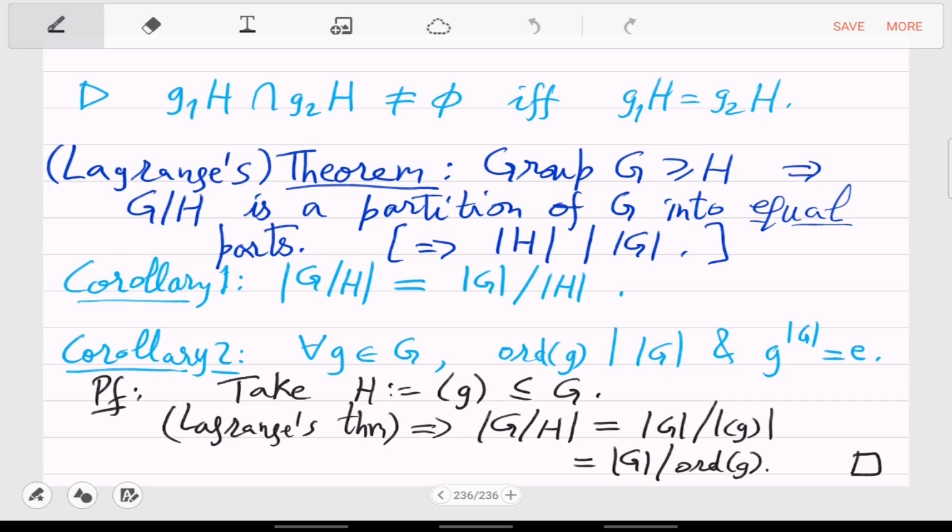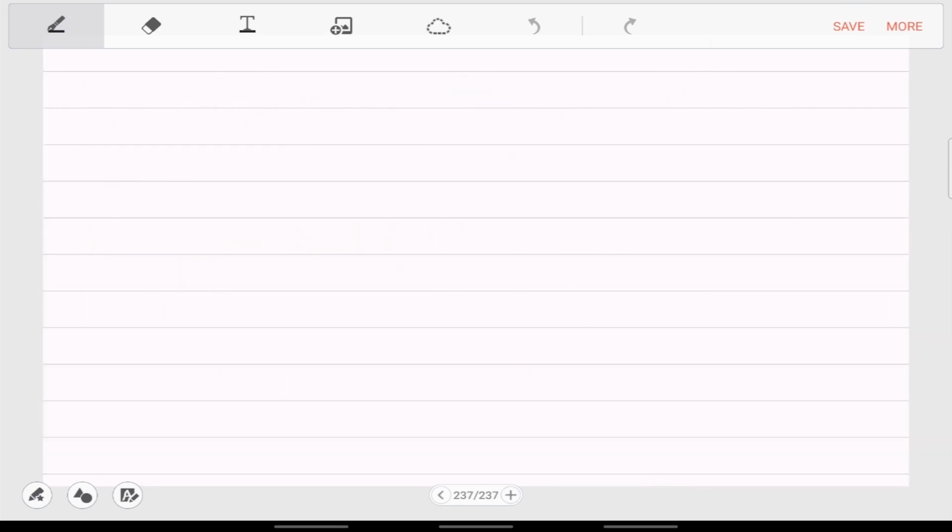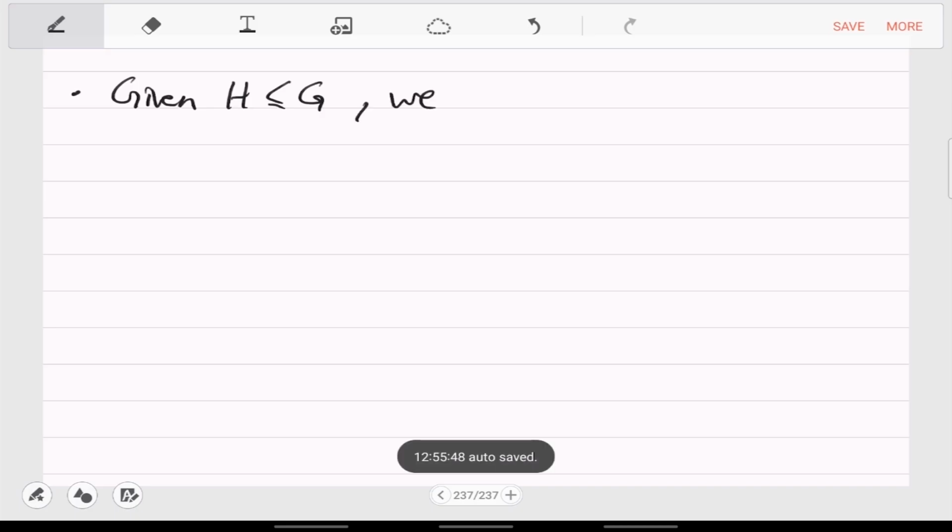I want to finish this topic of coset now because we have proved the theorem we wanted. But just one more thing I can say, since we are talking about partition: given this subgroup H, or any subgroup H of an arbitrary group big G, we can define a relation.